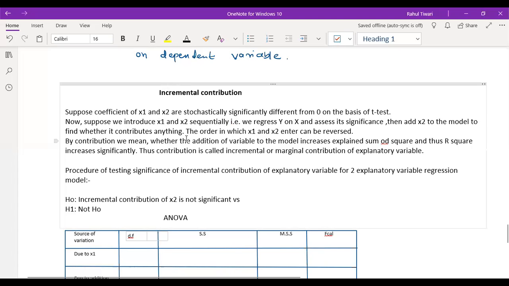The order in which x1 and x2 are entered can be reversed. So we have found that the model is significant on the basis of the t-test. Now what I'll do, I'll take them sequentially.